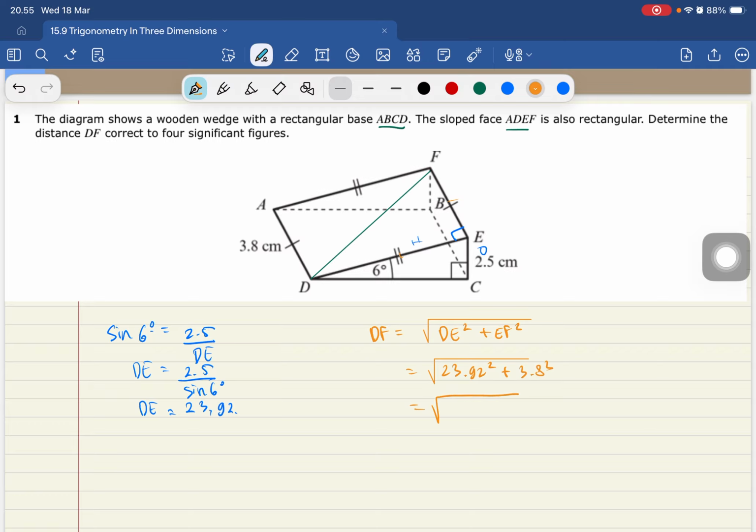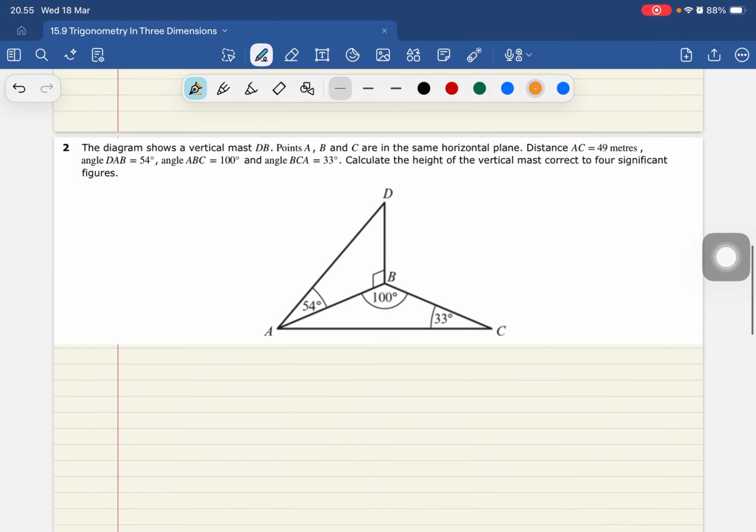So we got the square root of 586.6064, so DF is 24.22 centimeters.